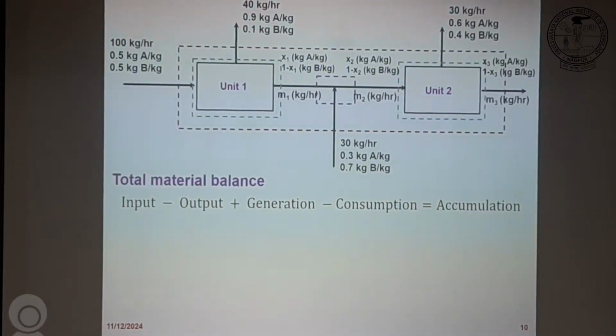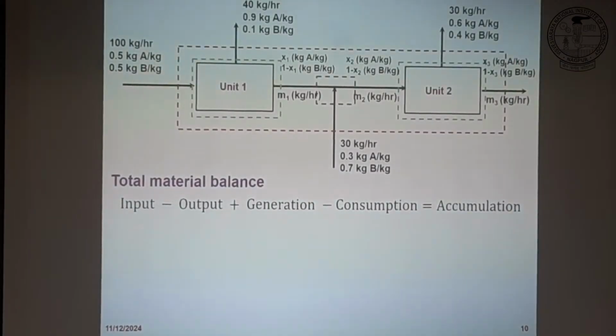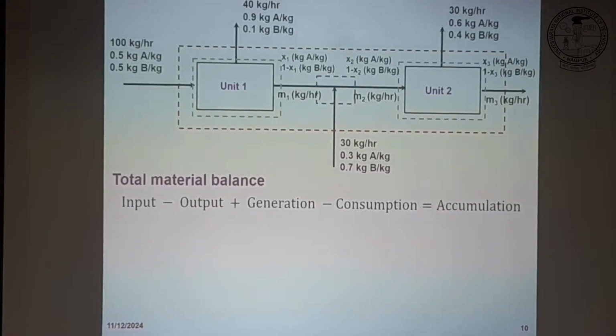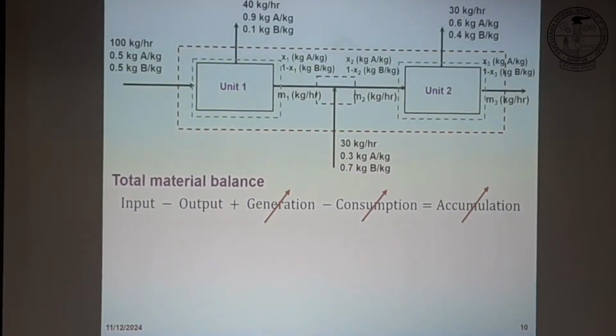Because this is steady state and I'm dealing with a non-reactive multiple unit system, generation and consumption will not be there. So the right hand side term and the last two terms will get rid of.